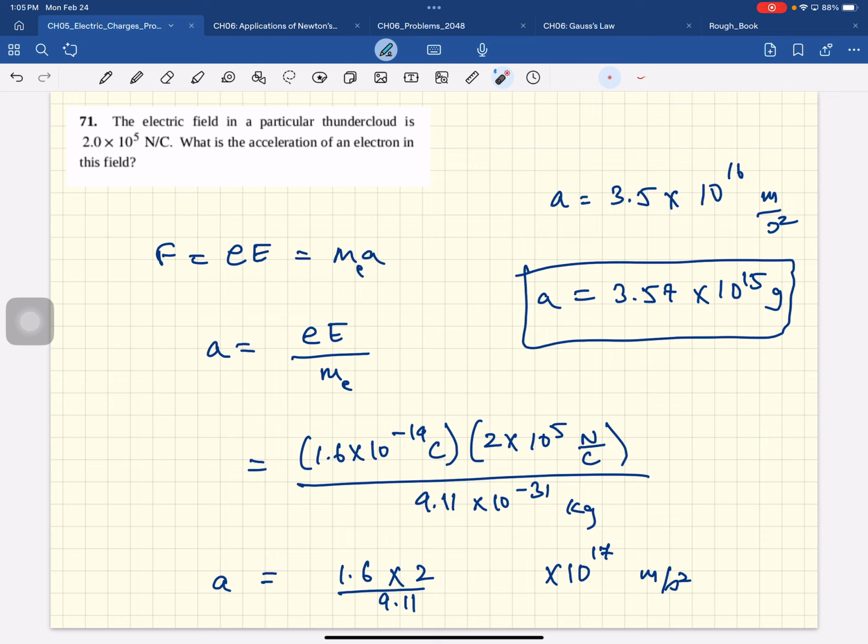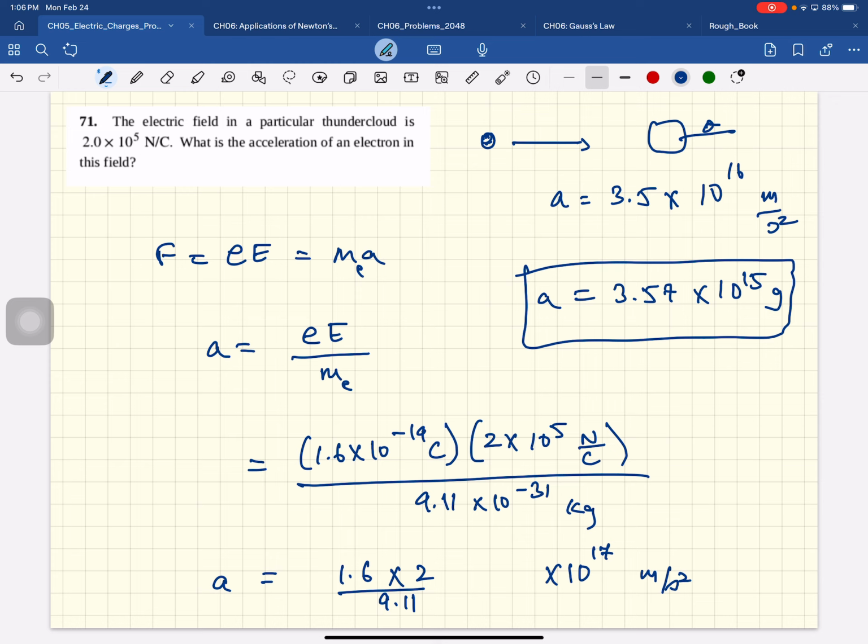So what does the electron do? It speeds up and then collides with one of the molecules in the thundercloud. Before it collides with the air molecule, it hasn't picked up enough speed to knock off electrons.